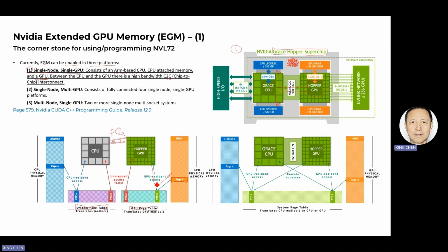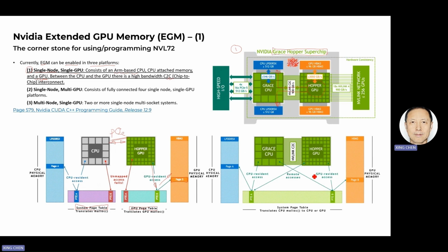But because the GPU cannot access the CPU page table, if the GPU wants to access the CPU memory, the first step cannot be done, so the GPU cannot access the CPU memory. This was what happened with the very early generation GPU computing systems, and it is still the case with GPU computing systems with PCIe adapters.